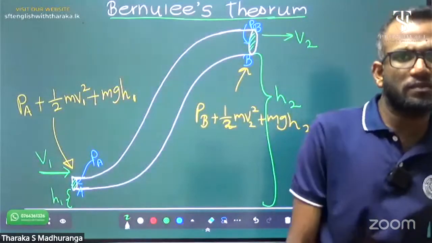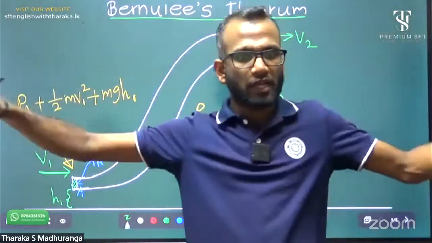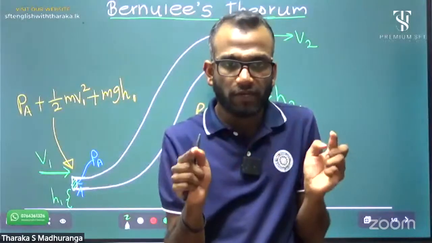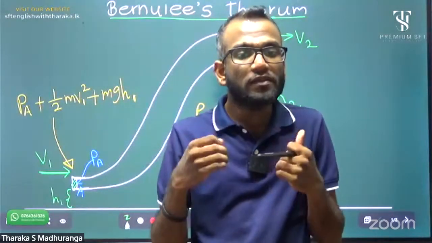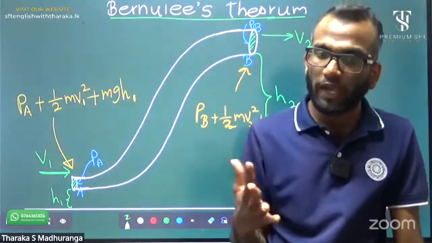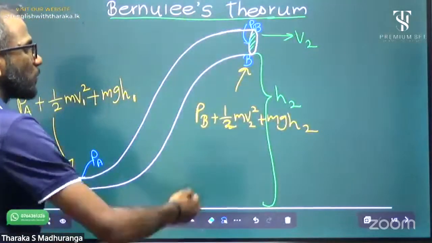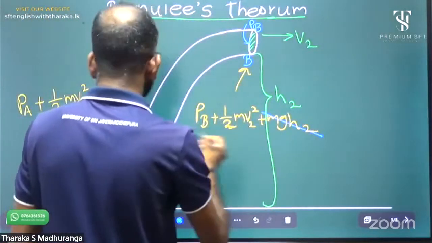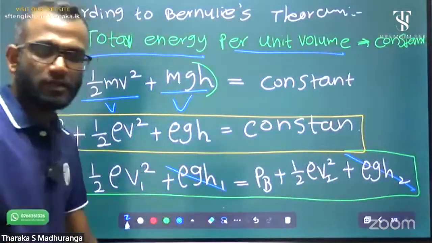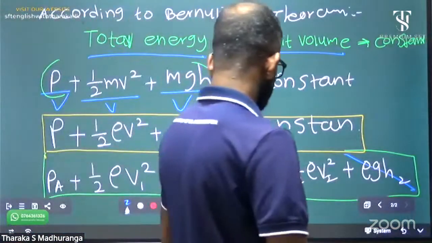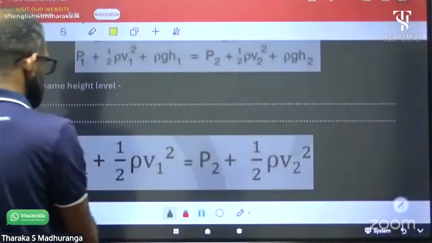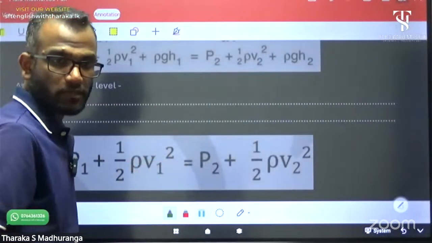Now think of the liquid flowing at the same height level, or with a very small, negligible height difference. In this type of case, you can neglect the height difference. Neglecting the height difference means you can neglect the potential difference and remove it. According to that, you can get another equation.